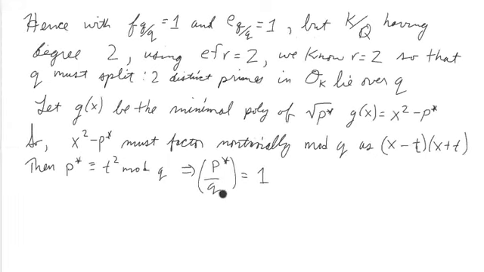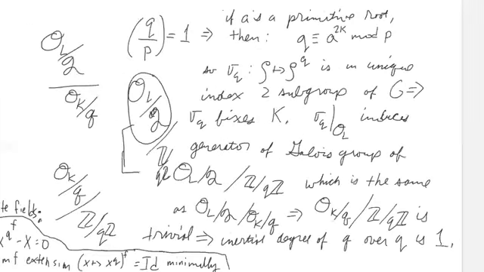Okay, right here. So p star is a square mod q means that we actually get a factorization mod q. A factorization mod q means that q splits. If q splits in the degree 2 extension, we already know that f in that extension is 1, so the inertial degree is 1.